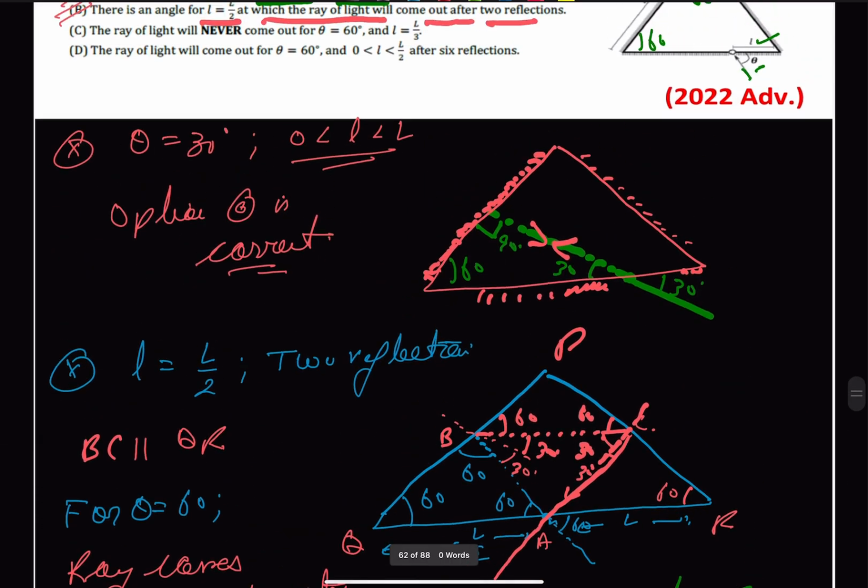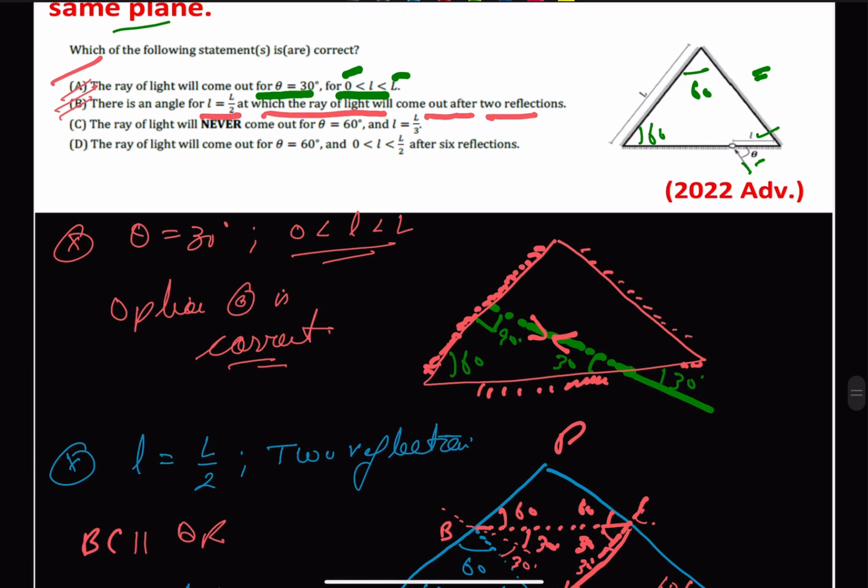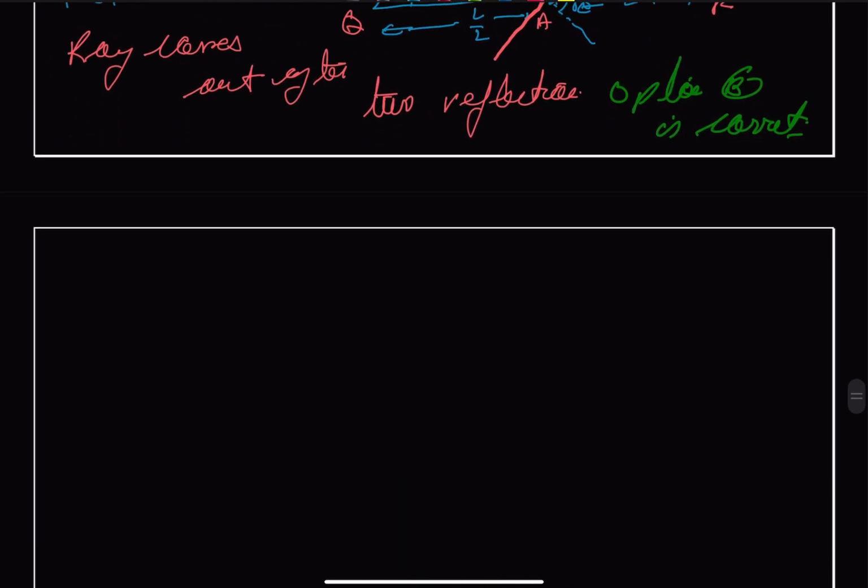And option C states that the ray will never come out for theta equal to 60 and small l equal to capital L by 3. So we are given that theta is equal to 60 and small l is equal to capital L divided by 3.